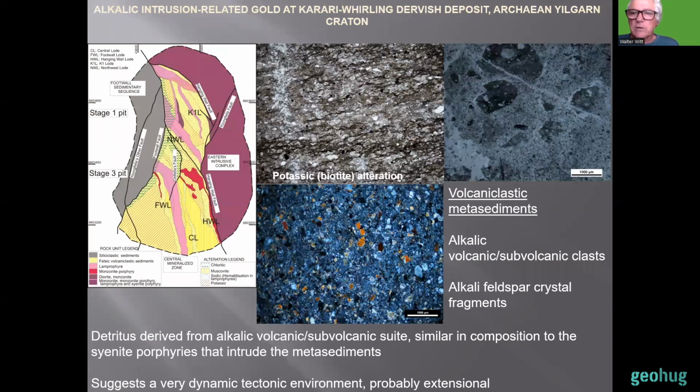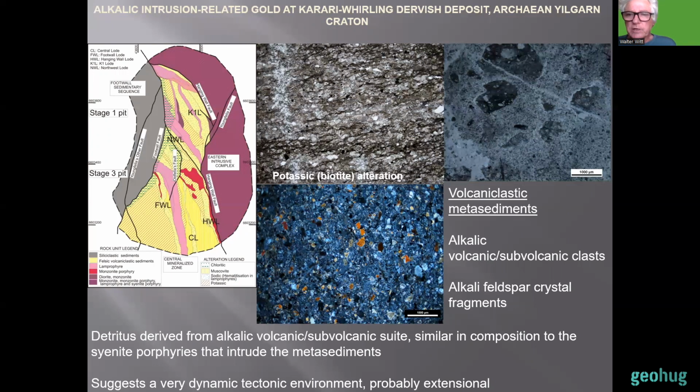Moving next onto the volcaniclastic sedimentary rocks, which form the country rock to the intrusions. These metasedimentary rocks contain crystals of alkali feldspar, and in some cases, lithic clasts comprising quartz-poor porphyritic volcanic rocks.